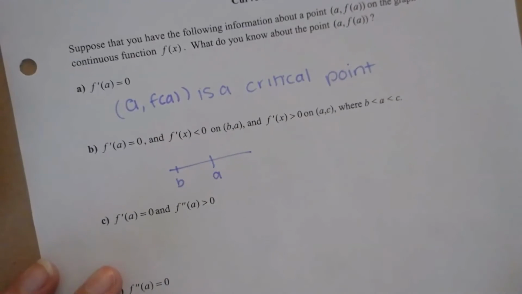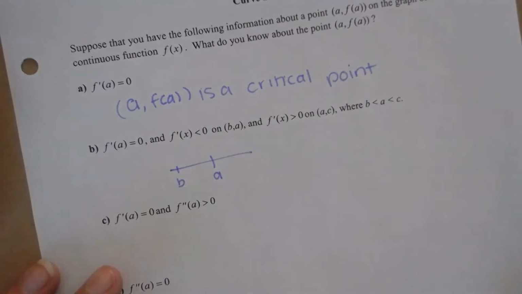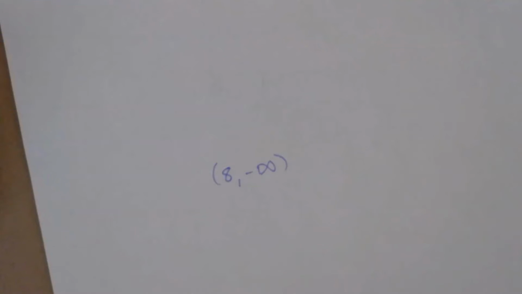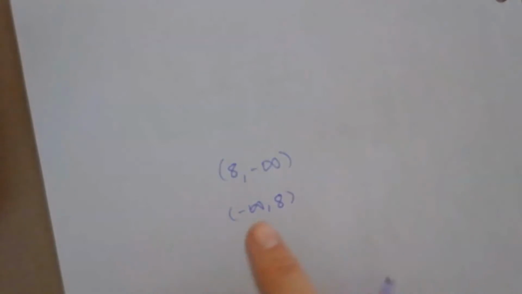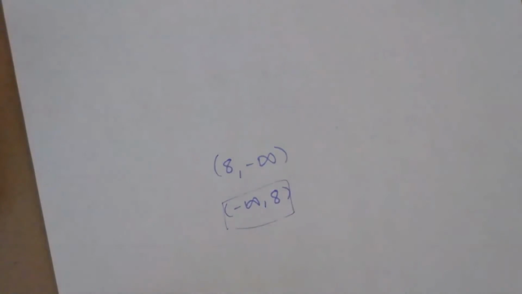I had kids in the past who would write 8 to negative infinity, and I would mark them wrong because you cannot go from 8 to negative infinity. You read math left to right.